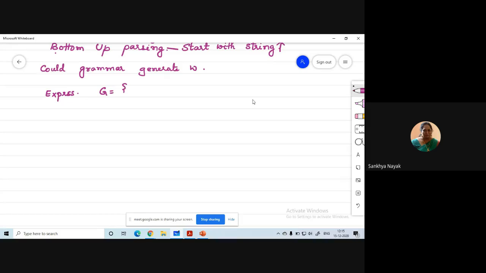The grammar included the symbols E, T, F, ID, plus, star, closed bracket and open bracket, right? These are the symbols that were used.